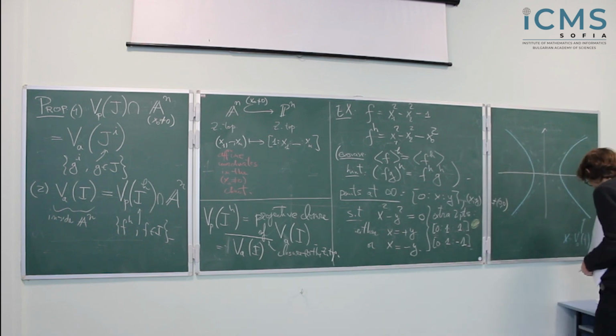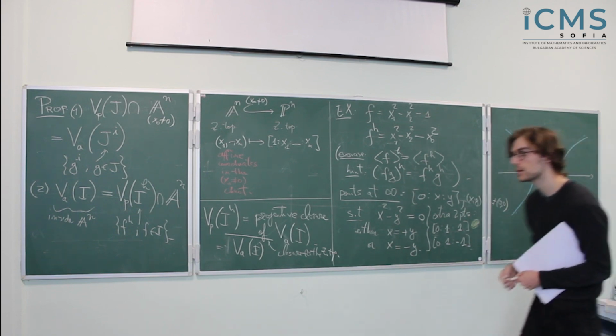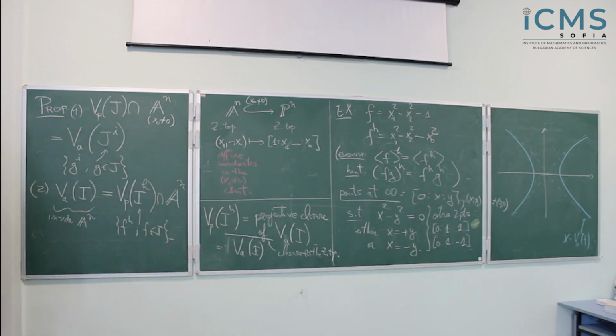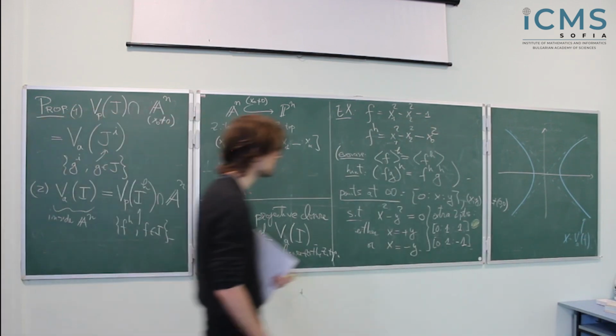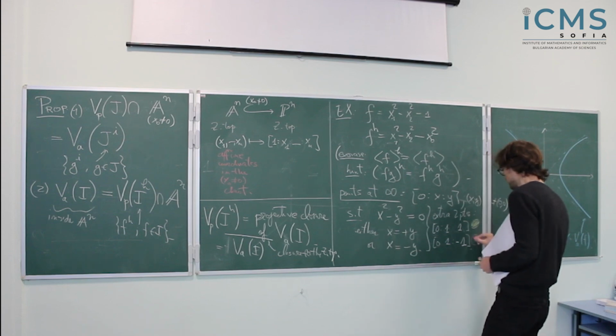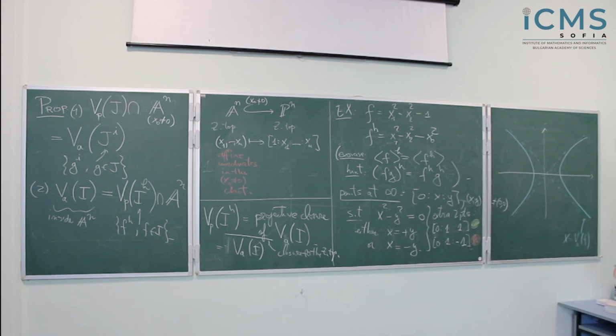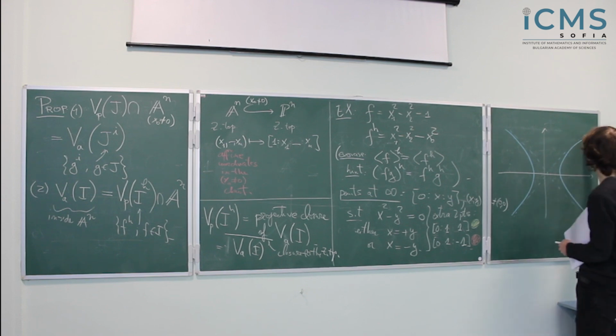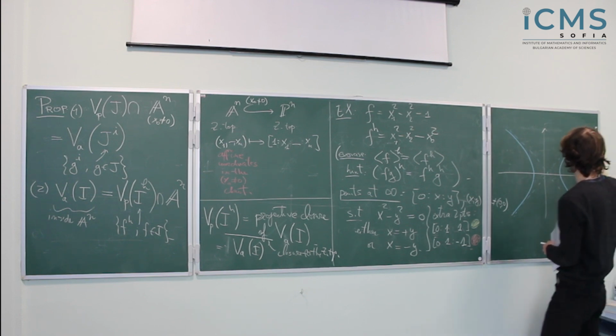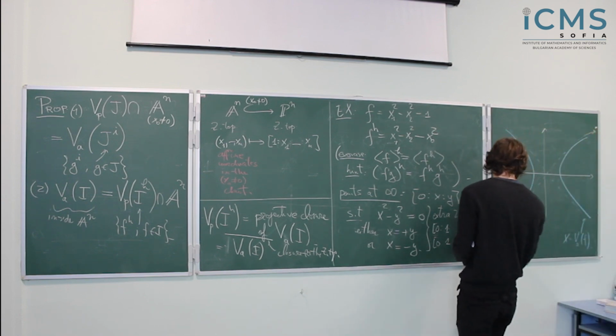So, let's see. Maybe I'll take red color. So I'll give them some colors. So the first point is (0:1:1). Okay, so this will correspond to this asymptote. So this point will be somewhere here, but you also find it on the other side.